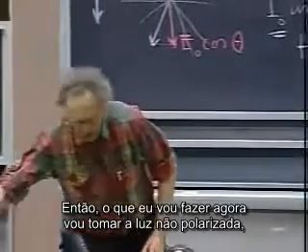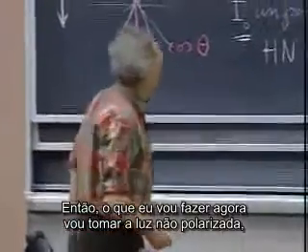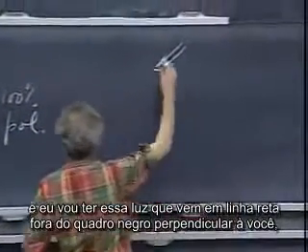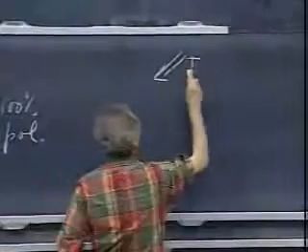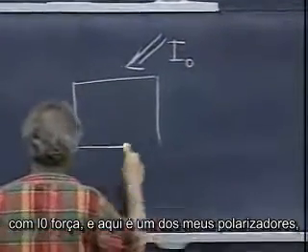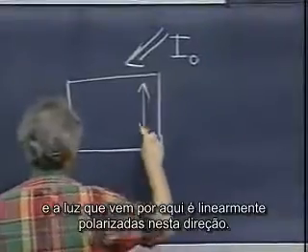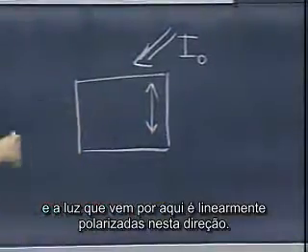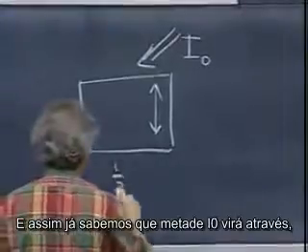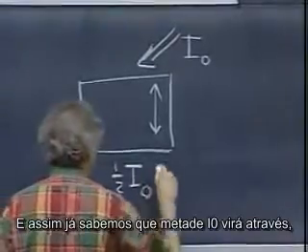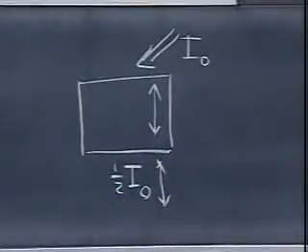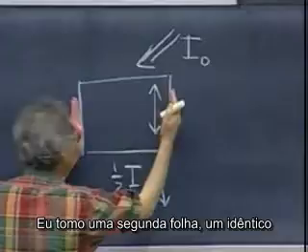So what I will do now, I will take unpolarized light, and I will have this light coming straight out of the blackboard, perpendicular to you, with strength I0, and here is one of my polarizers, and the light that comes through here is linearly polarized in this direction. And so we already know that 1/2 I0 will come through if it is an ideal polarizer, and it is polarized in this direction. I take a second sheet, an identical one.